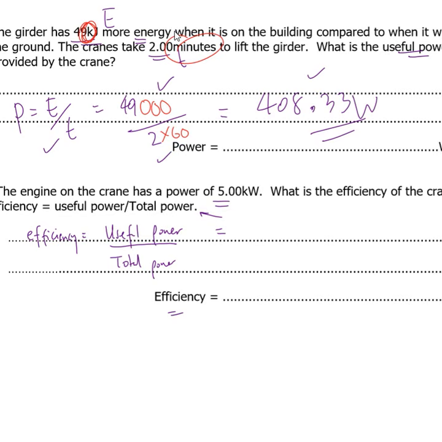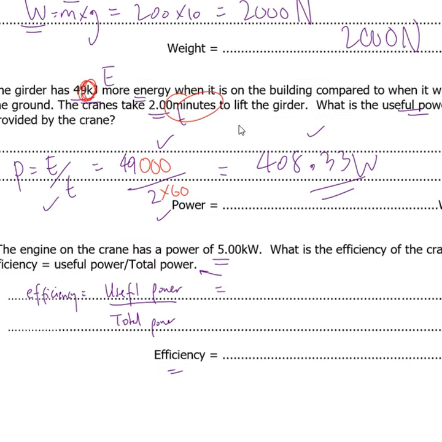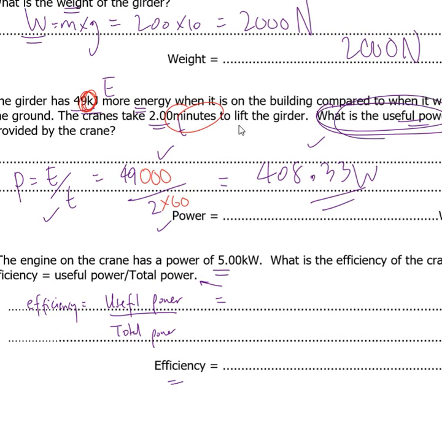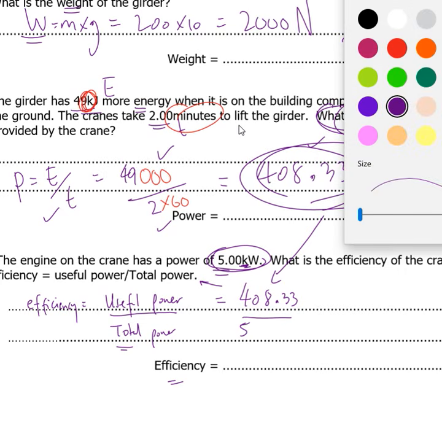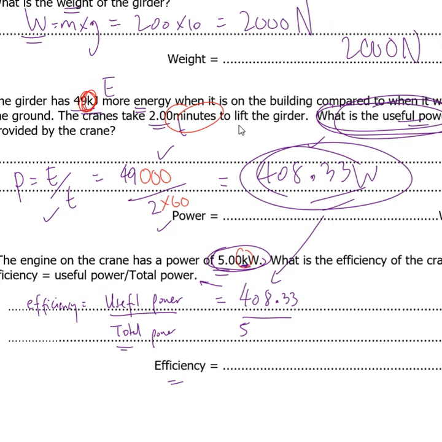Now what is the useful power? Look at this. It says here, what is the useful power? So this number here is the useful power. So I'll take this: 408 point dot dot divided by the total power. If I read the question, the engine has a power of 5 kilowatts. So 5, how much is a kilo? 5,000.